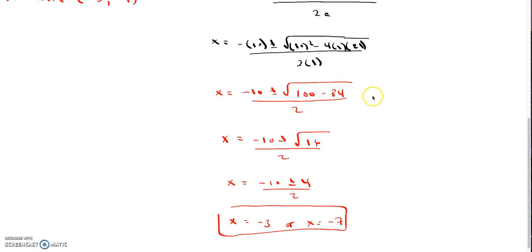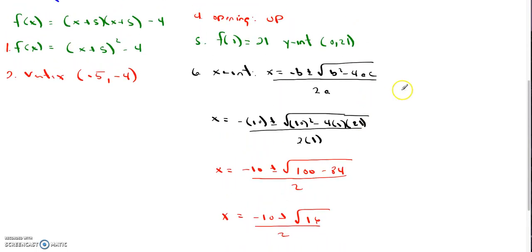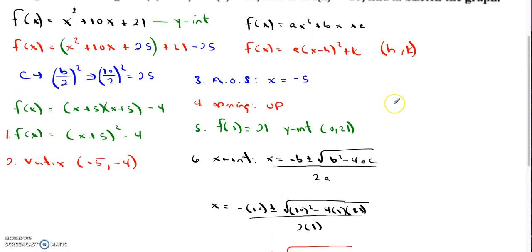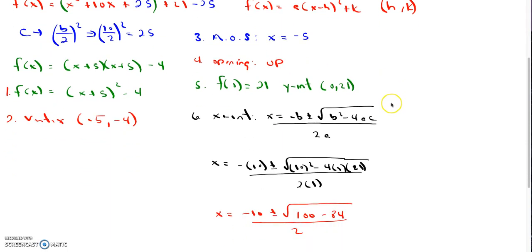Our second option is here for our intercepts if we used our vertex form. So the vertex form was here. So we have x plus 5 squared minus 4, and we set it equal to 0. Alright, so this is using completing the square. So we completed the square already. We're looking for intercepts, so we set the y value, or f of x, equal to 0.